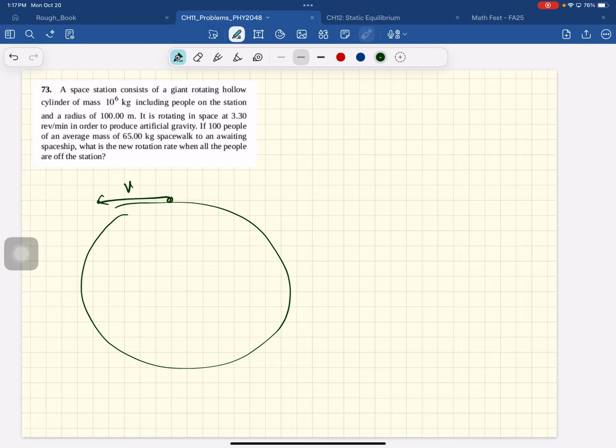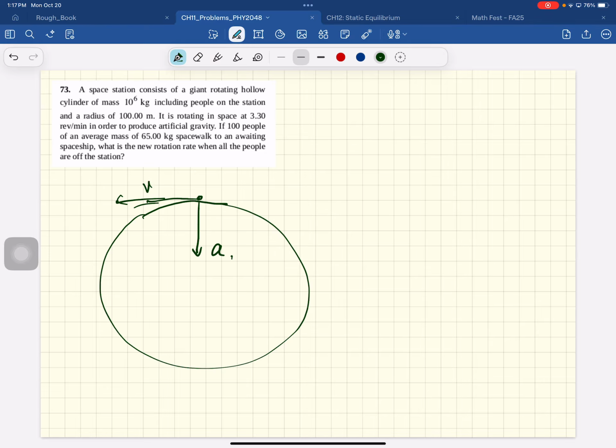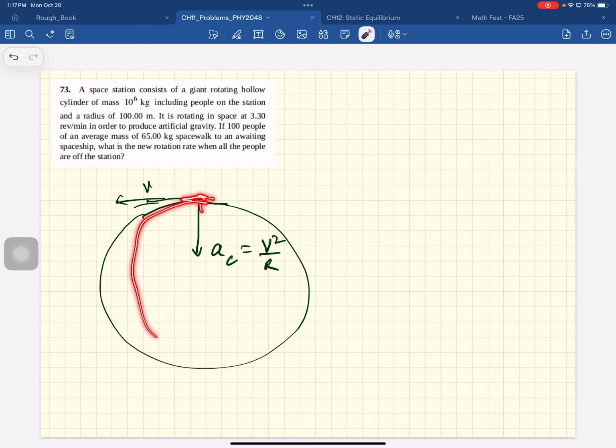The direction of the velocity is changing, so you're accelerating, and the acceleration is a centripetal acceleration. The centripetal acceleration is v squared by r. So if you're going in a circle, there needs to be something that's pushing you inward like that.